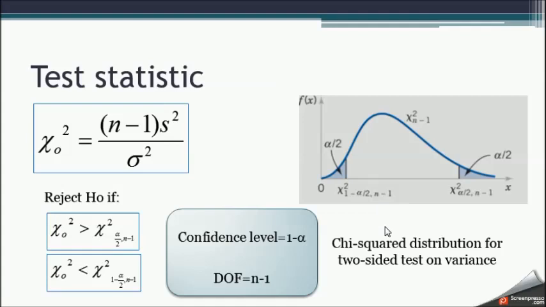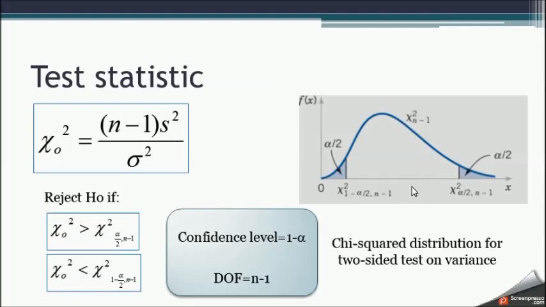Also, we have seen the normal distribution and t distribution can take negative values, but the chi-square distribution lies only on the positive side, from 0 to positive infinity, because the variance values are always positive. There are no negative values for the variance. So this is the chi-square distribution.